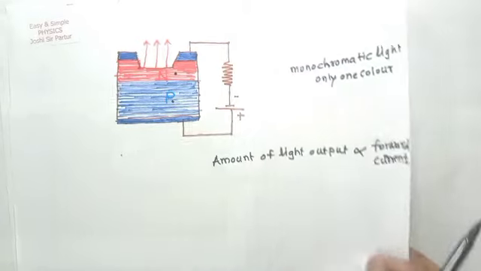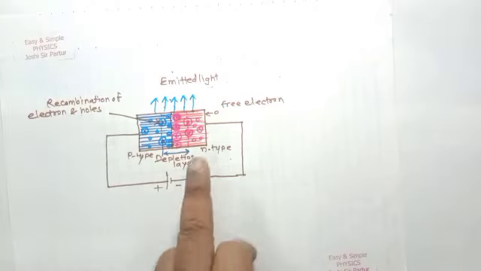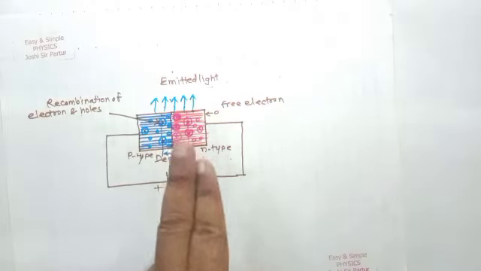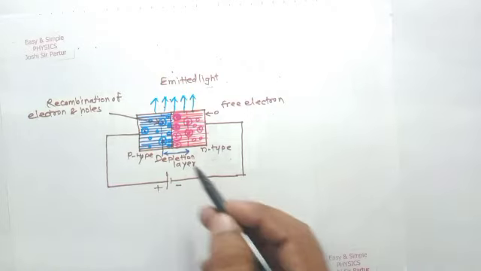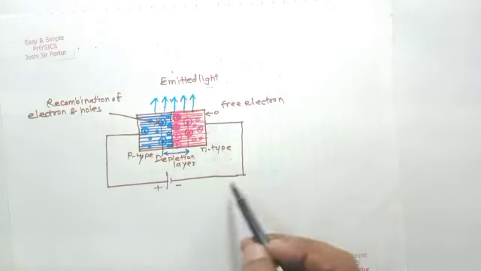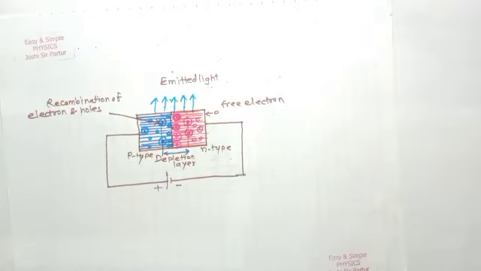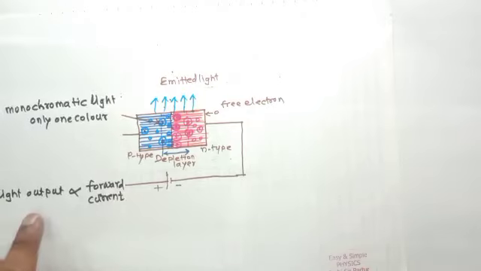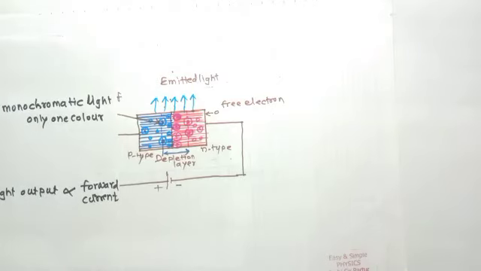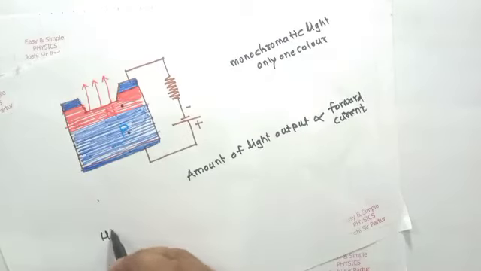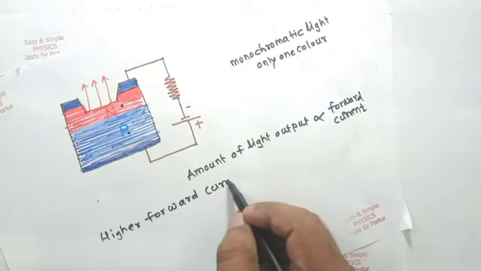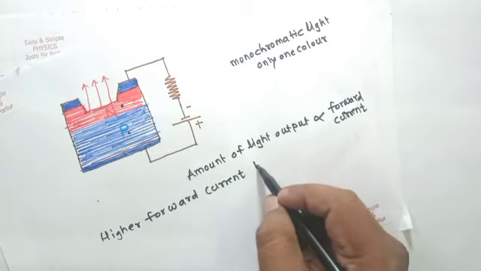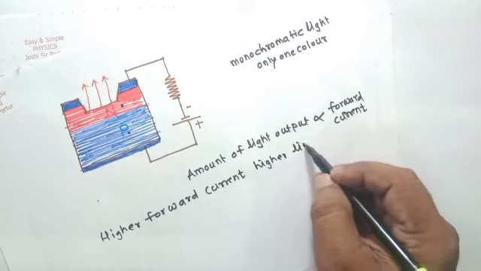See here another figure. Electrons and holes recombine, and they emit light. The P type is connected to the positive terminal of the battery and the N type is connected to the negative terminal of the battery. When the amount of light output is directly proportional to forward current, we say that a higher forward current gives a higher light output.